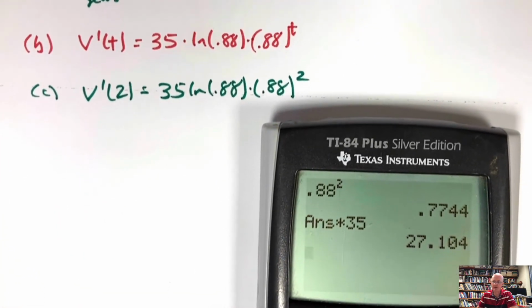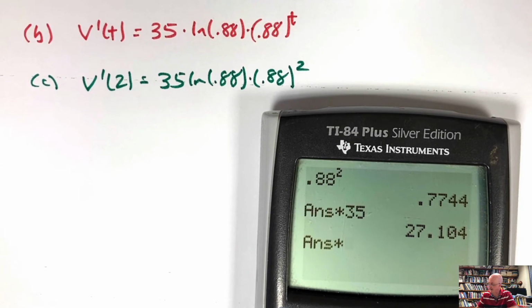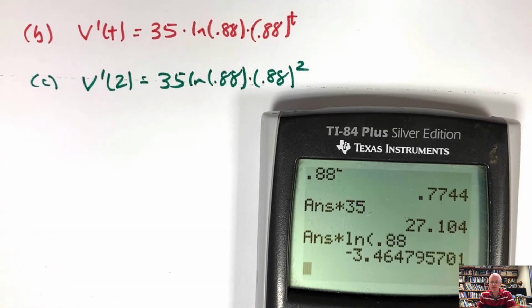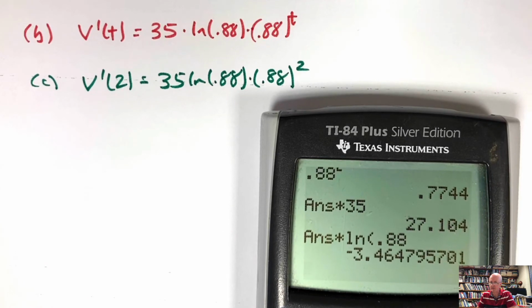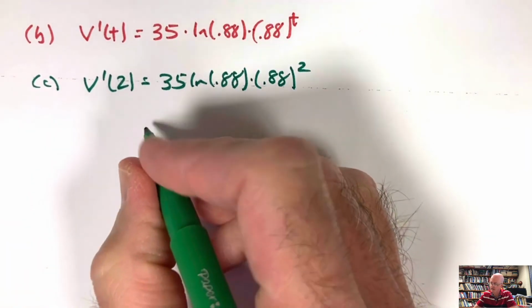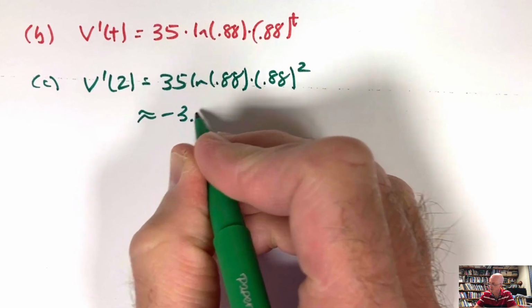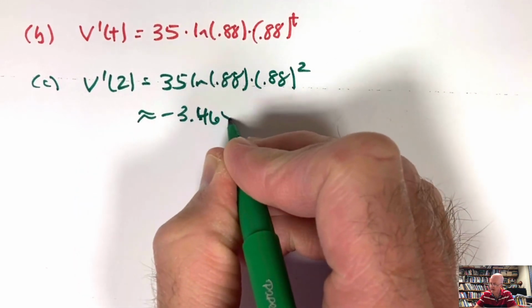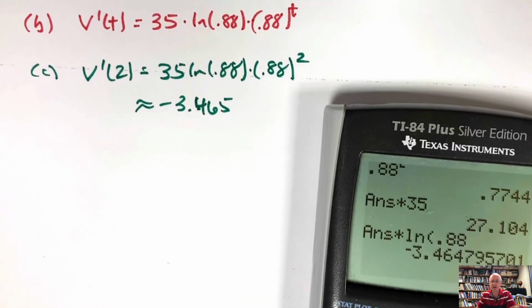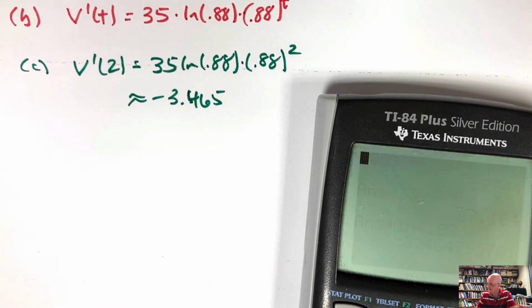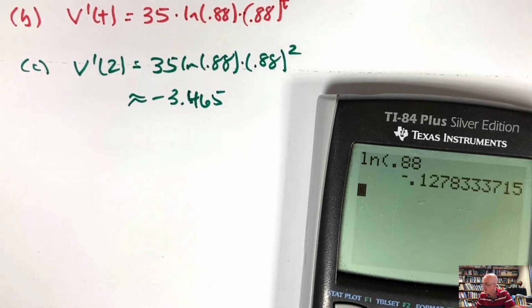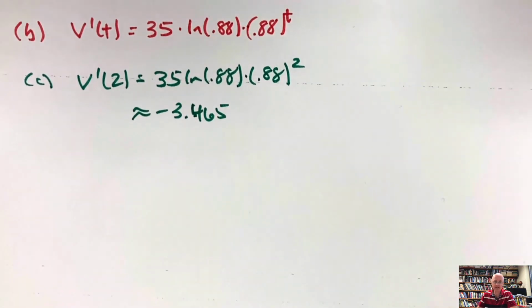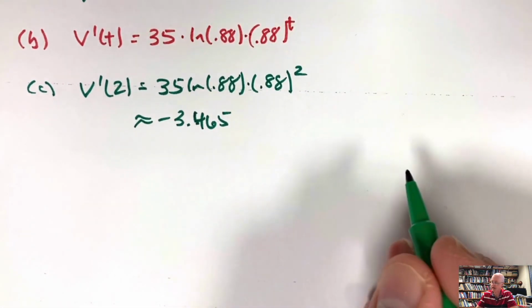What's left now is to multiply by natural log of 0.88 to get a negative number for the answer, about negative 3.465. If you're interested in what is the value of natural log of 0.88 itself, it is about negative 0.1278. Okay, so this is negative as we expect for an exponential decay function.